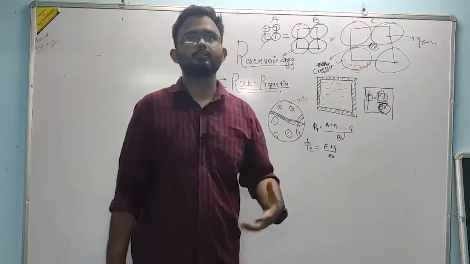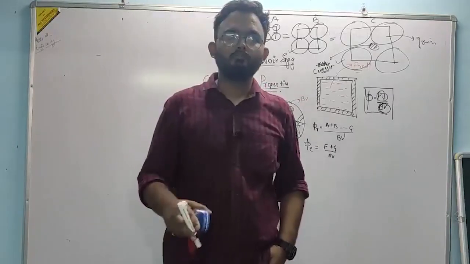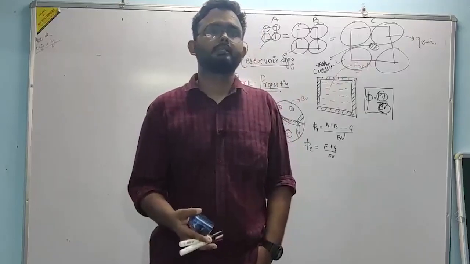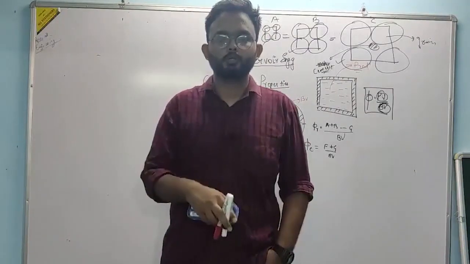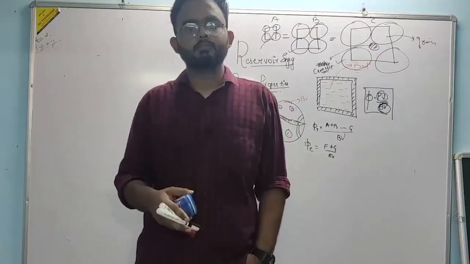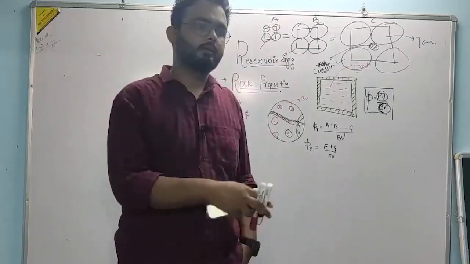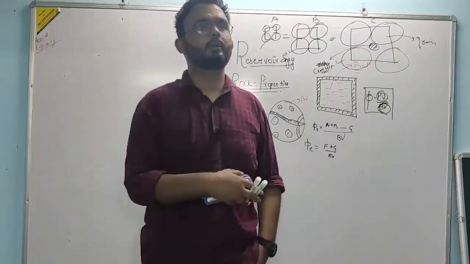So the official definition of saturation is, it is defined as the fraction of pore volume which is occupied by a particular fluid, right? So there can be a fraction of pore volume occupied by water, a fraction occupied by gas, and a fraction occupied by oil.